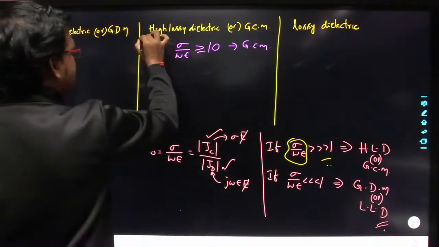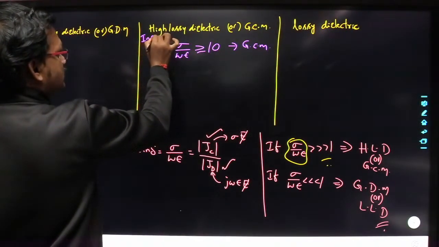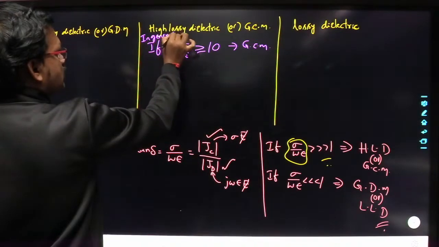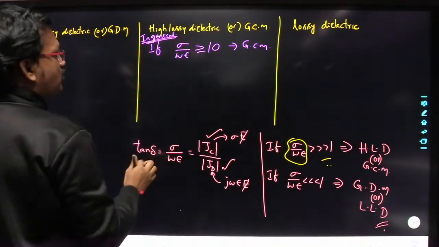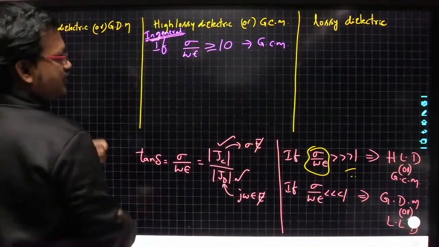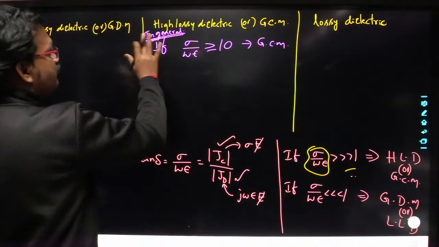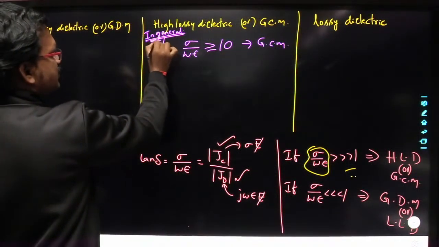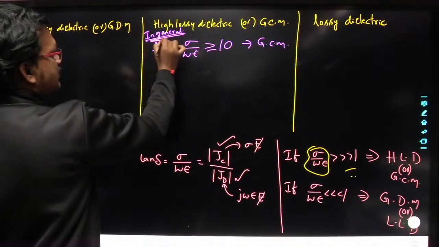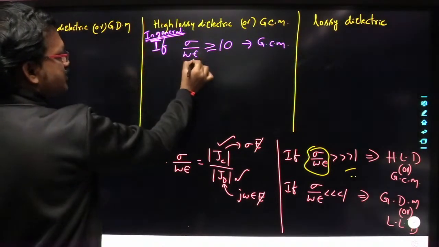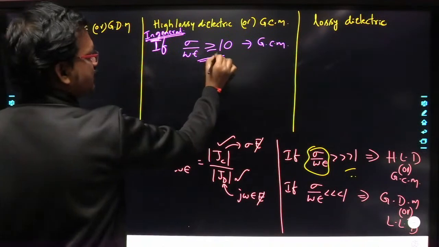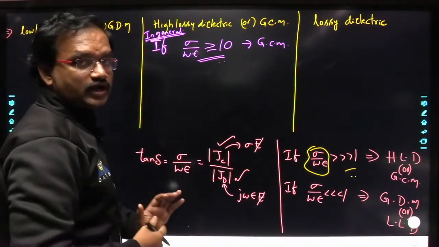This is in general. If they have not mentioned anything, then by default we consider that if sigma by omega epsilon is greater than or equal to 10, the medium is a good conducting medium.